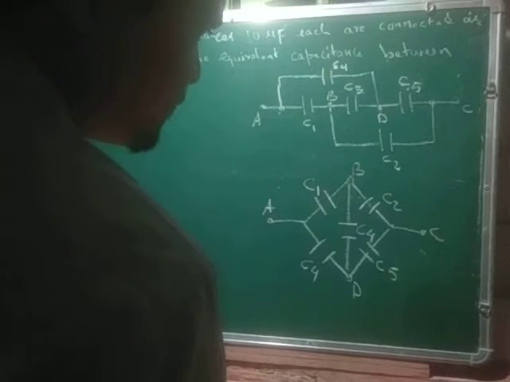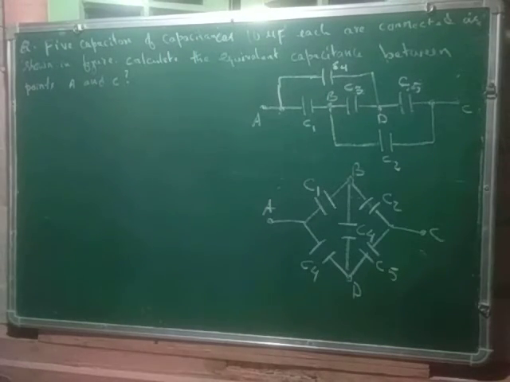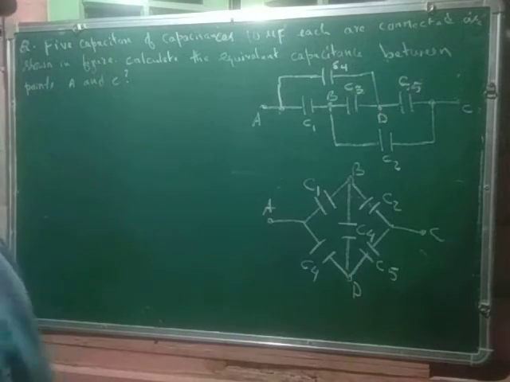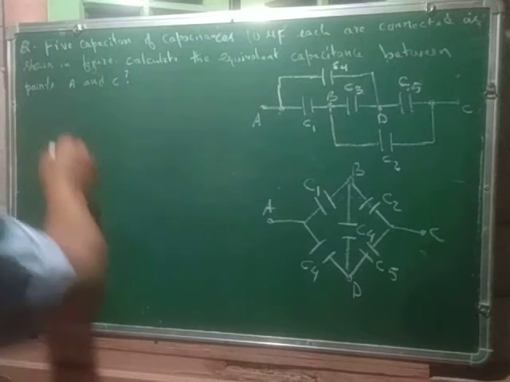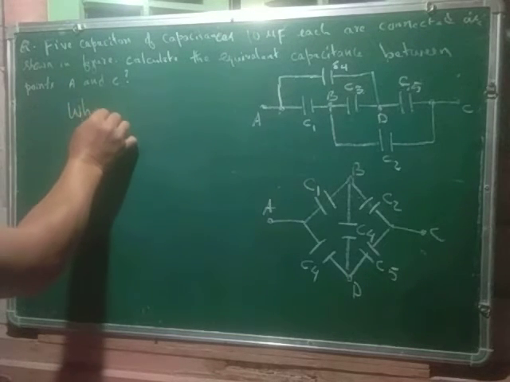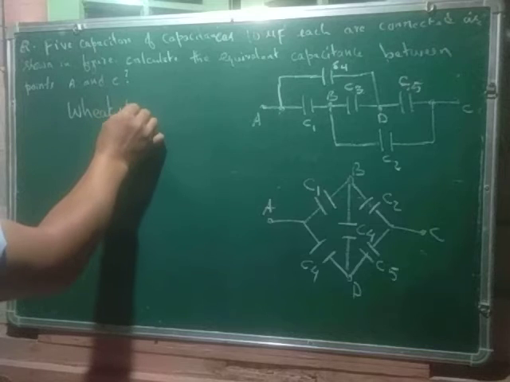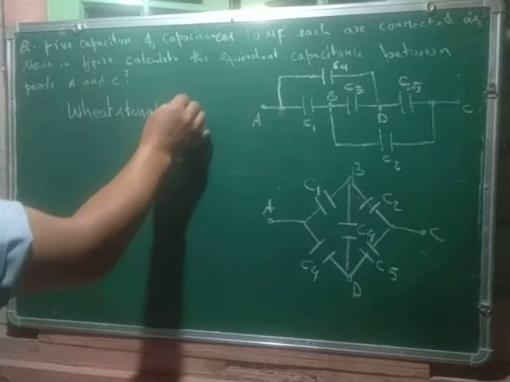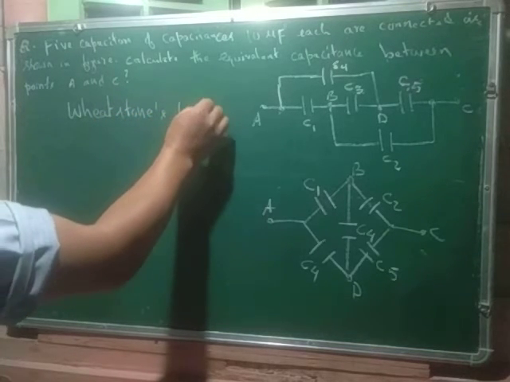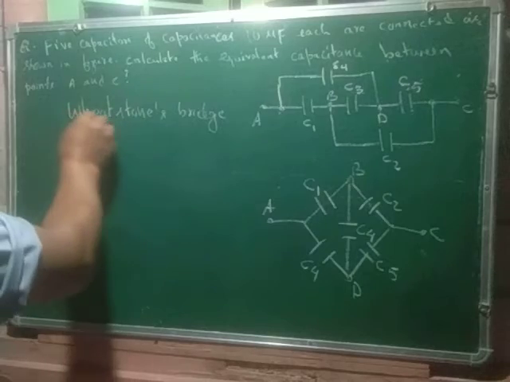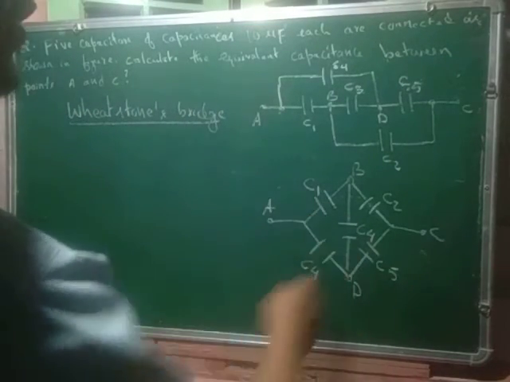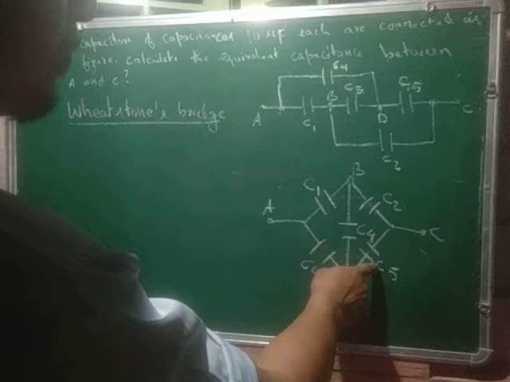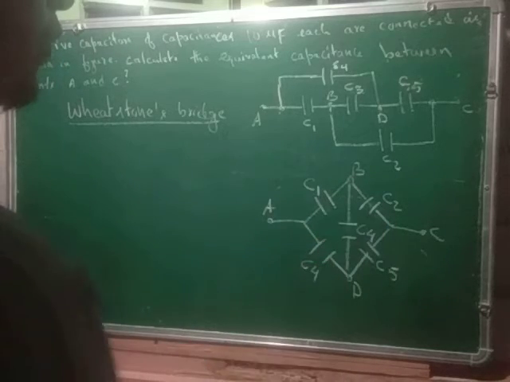So therefore, that we shall do in the upcoming chapter from electricity, about Wheatstone Bridge. So what does the Wheatstone Bridge say? It says that if the products of the opposite arms, like C1, C5 and C2, C4, are equal.